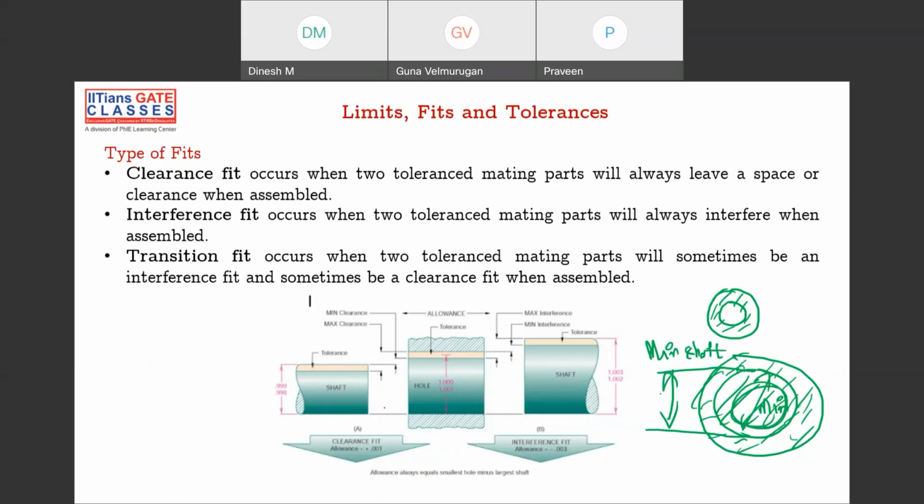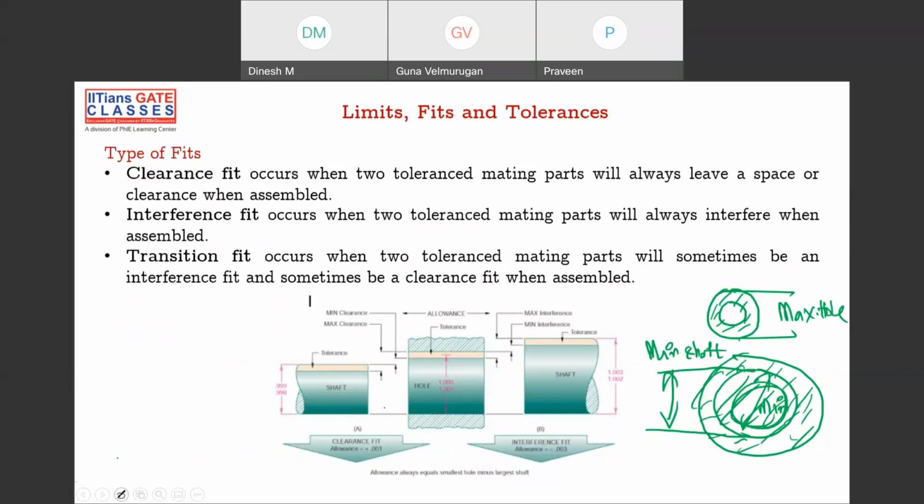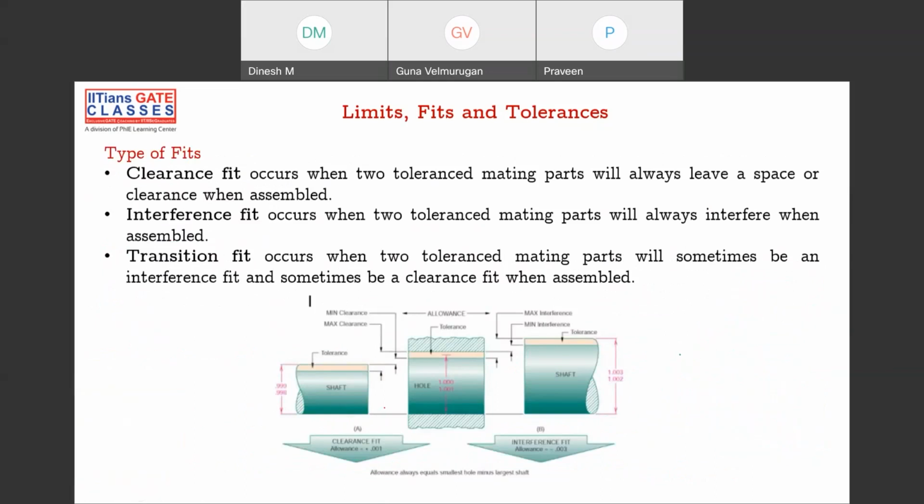Yeah, minimum shaft, and I'll take the maximum hole. But no, I should take the opposite. One minute, I'll take the opposite. This is shaft, this is hole. Hole I'll draw a little smaller. Wait. What happened? Come on. Where is the cursor?